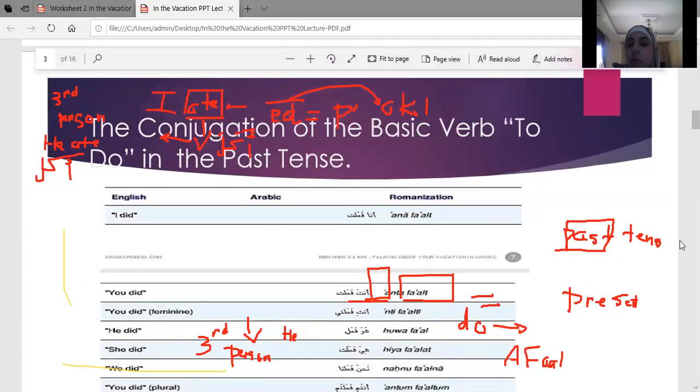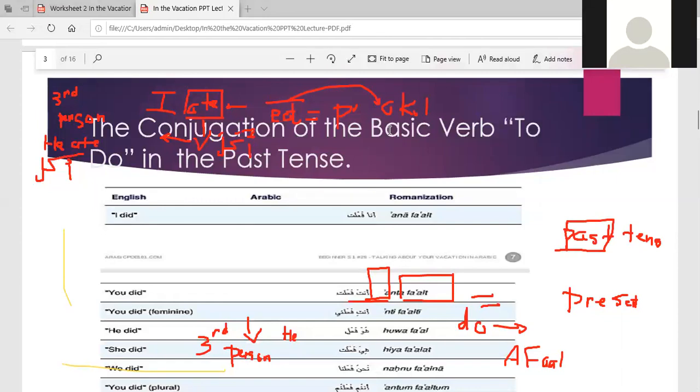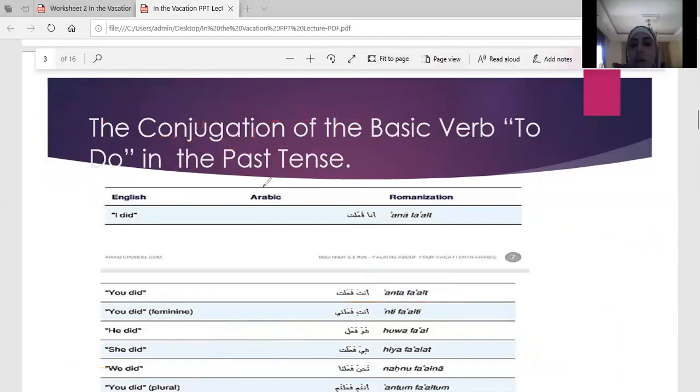Now, I want you to conjugate the verb فعل with all the pronouns. Let me start with all the pronouns. With he did. Alex, he did. هو فعل. Excellent. So we start with this.